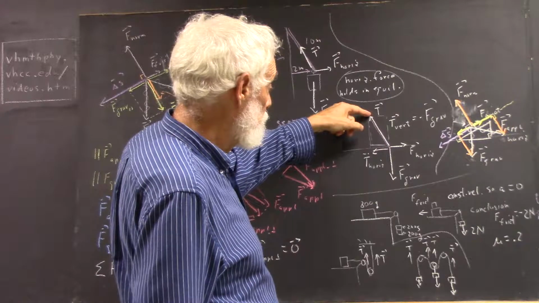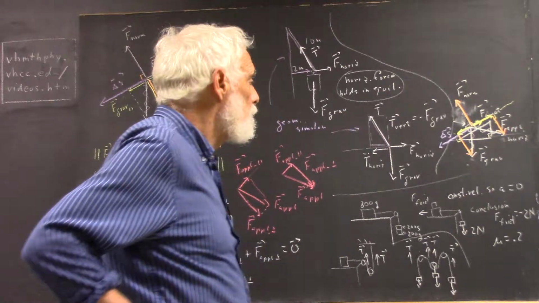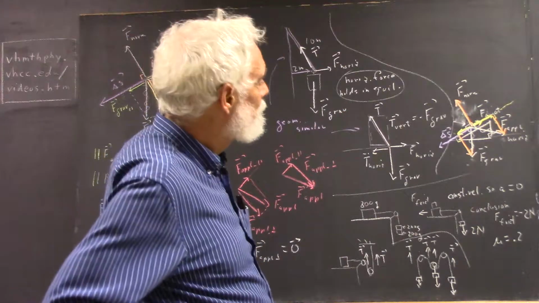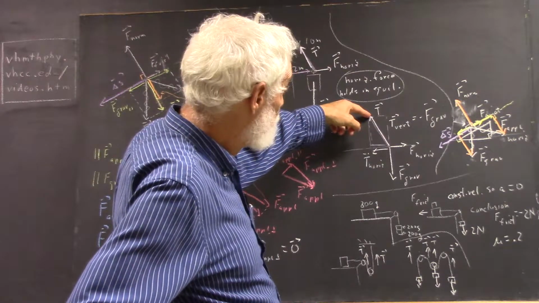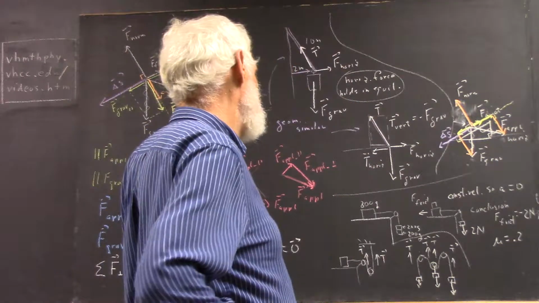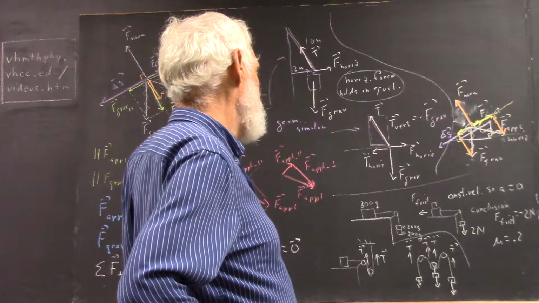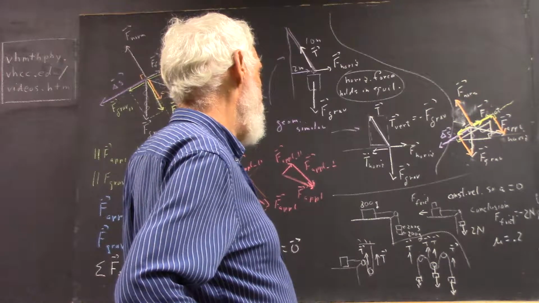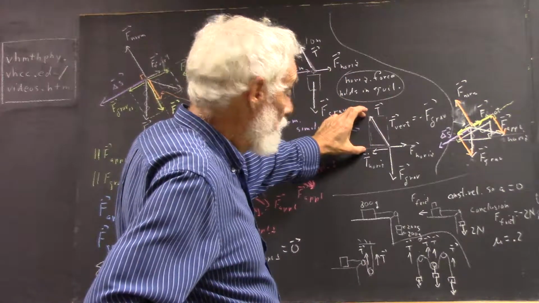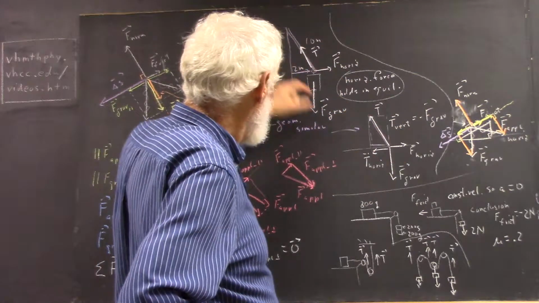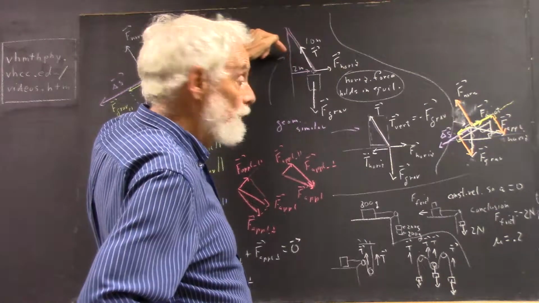And the tension, of course, is represented by the hypotenuse of a right triangle. That's in the same proportion to this side, which we know here, as this side is to this side.